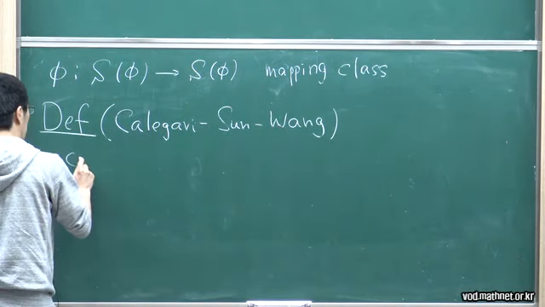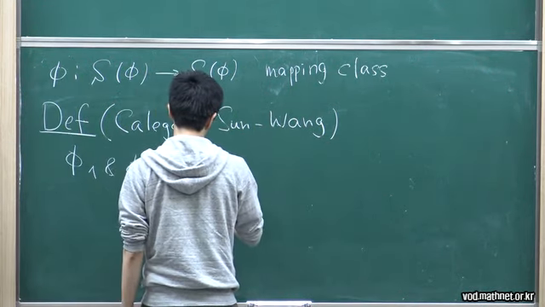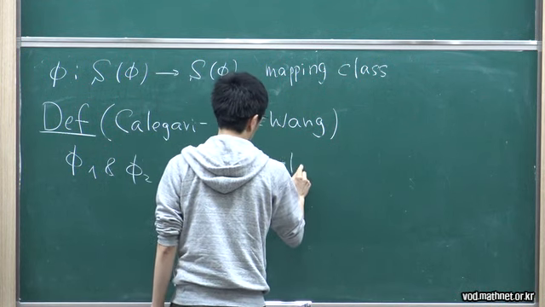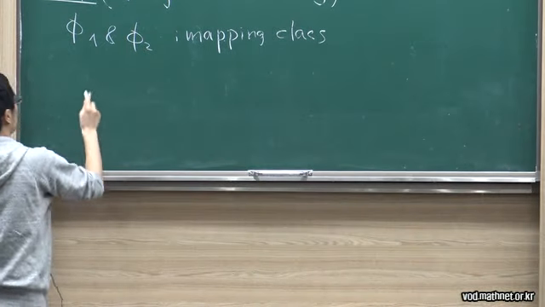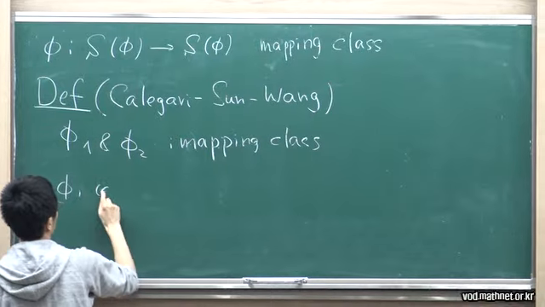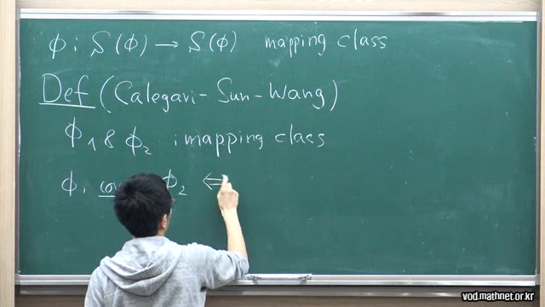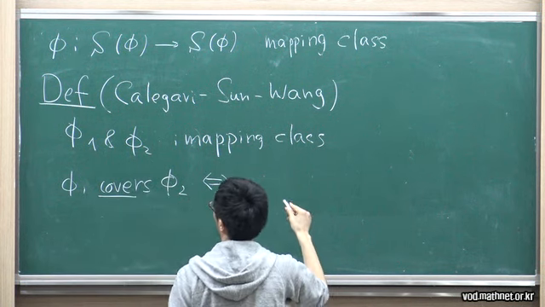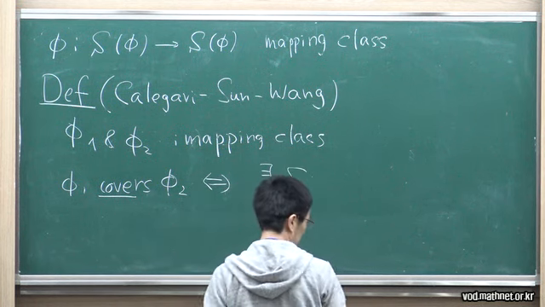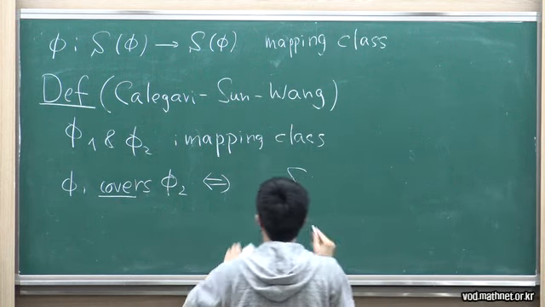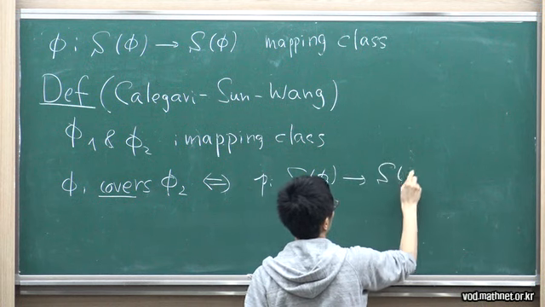So if we have two mapping classes, phi_1 and phi_2, then phi_1 is said to cover phi_2 if we can find a finite covering of the underlying surfaces. Let me denote it by p from S_phi1 to S_phi2.